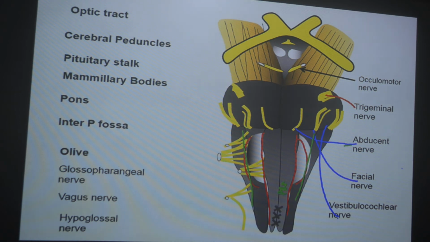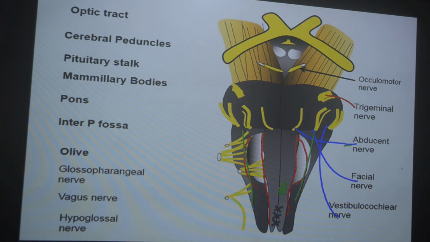Now the motor rootlet of the trigeminal is important because it is supplying the muscles of mastication. So the muscles which are important in moving your jaw while you are chewing are called muscles of mastication, and they are supplied by the motor rootlet of the trigeminal nerve. Now there are 4 muscles of mastication.